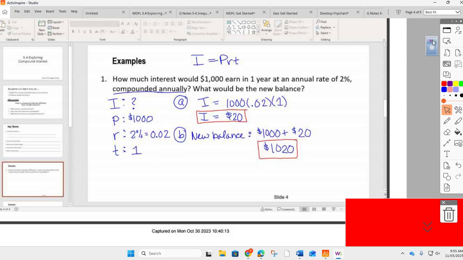Always make sure that you're answering both parts of the question. On the computer it's a little easier and more obvious, but on a paper and pencil test you've got to be careful. All right, we're going to move on.